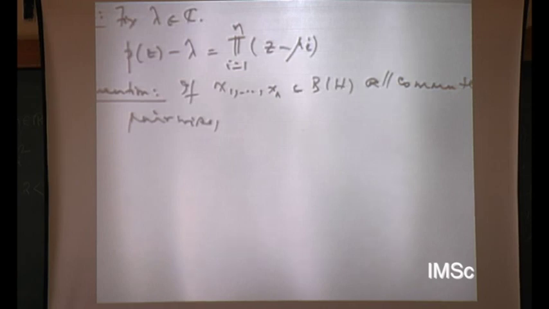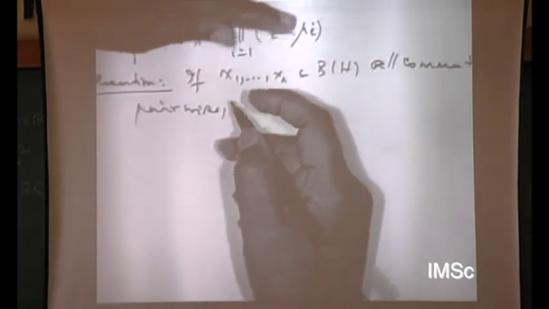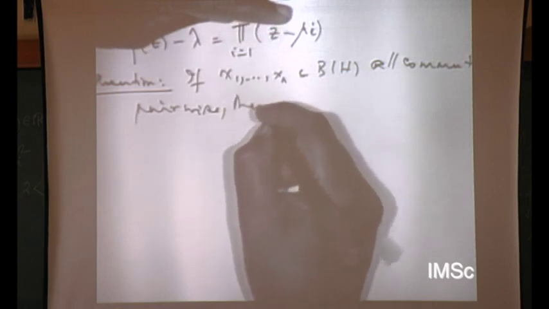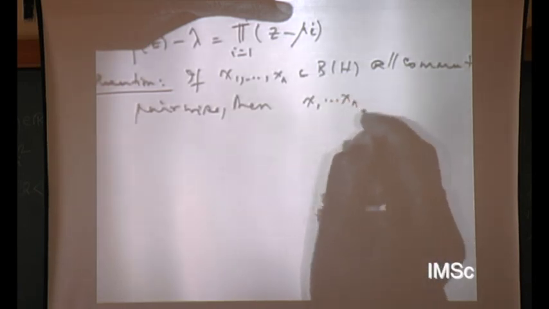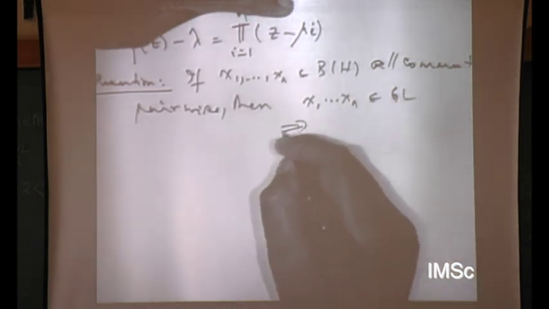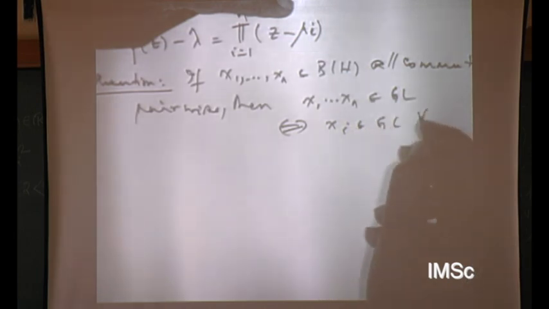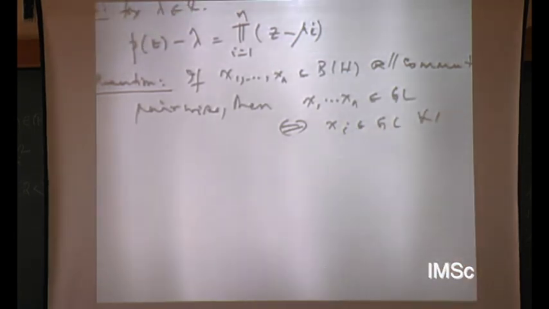If you take any commutative algebra, and you take any n elements there, then a product can be invertible only if everything is invertible.